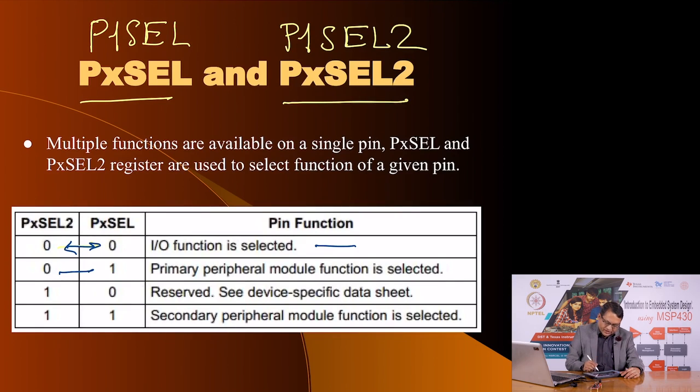If it is 0 1, it is the primary peripheral module. If it is 1 0, it is reserved, you are not supposed to use this combination, and if you write a 1 1 into corresponding bit locations of these 2 registers, a secondary peripheral function is selected, and we have already gone through the various combinations of P SEL and P SEL 2, how the other functions are selected.